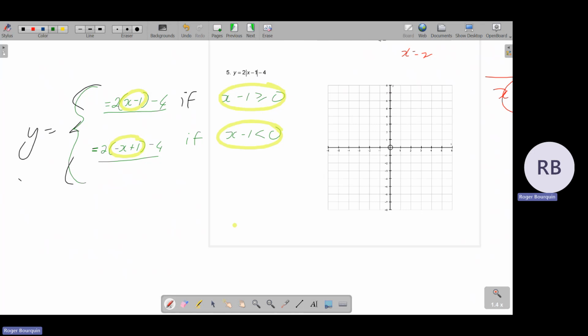So on the right-hand side, get x on its own, because you want to know what the split is. And you want to know what each equation is.